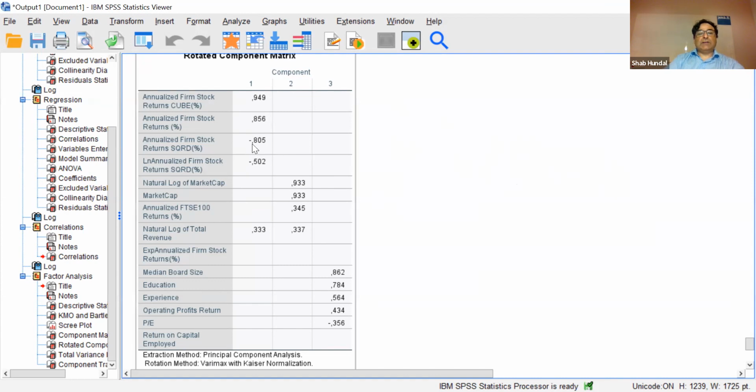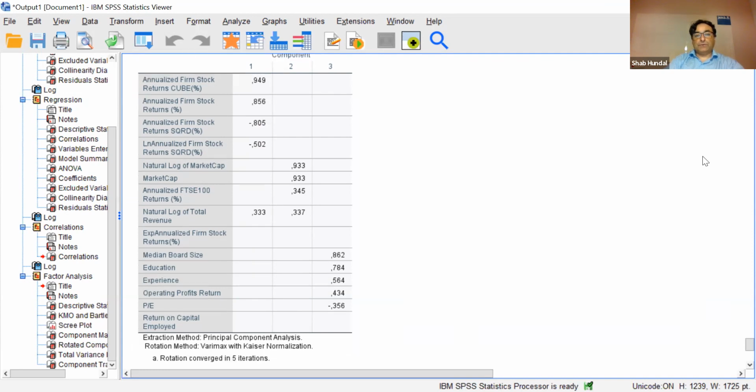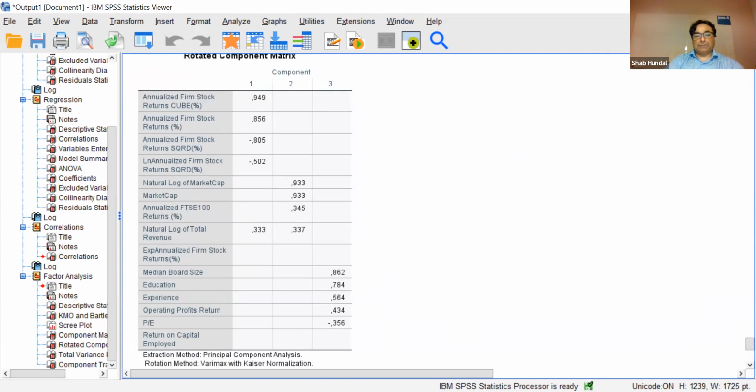But as you know, the cube and squared are based on the annual firm stock return. So maybe that could be a limitation, but you can see here that first of all, all of them are more than 0.3, absolute size 0.3. I hope you can see it.